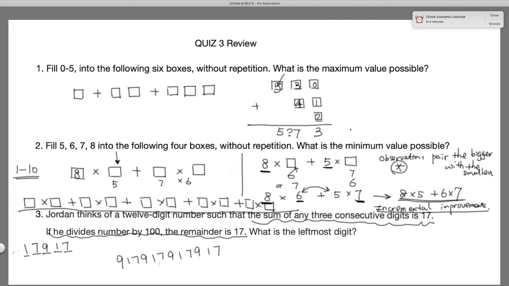And the 12th digit, if you just write it down, is clearly going to be 9, right? Or what you can do is, for the 12th, you see the pattern repeats after 3. So for a multiple of 3, it's going to be 9. For a multiple of 3 plus 1, it's going to be 7.